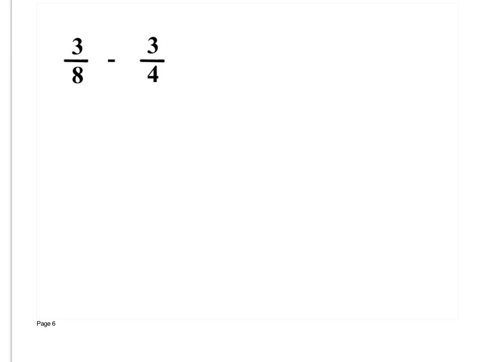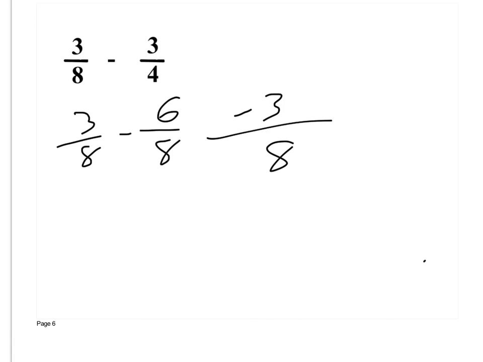So I don't change 3/8. What I change is 3/4. I change it into 6/8. Multiply both by 2. What's 3 minus 6? -3. So my answer is -3/8. Does this reduce? No. So 8 must be my least common denominator.